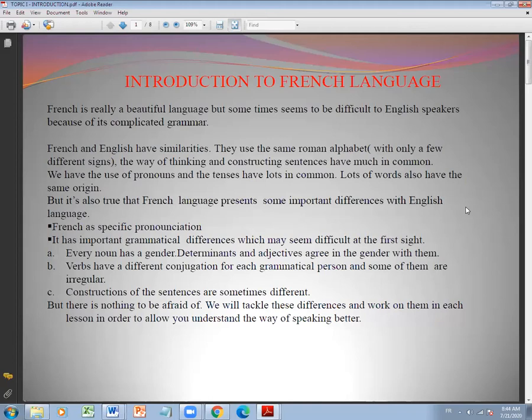The way of thinking and constructing sentences have much in common. We have the use of pronouns, and the tenses have lots in common. Lots of words also have the same origin. But it's also true that the French language presents some important differences with the English language.